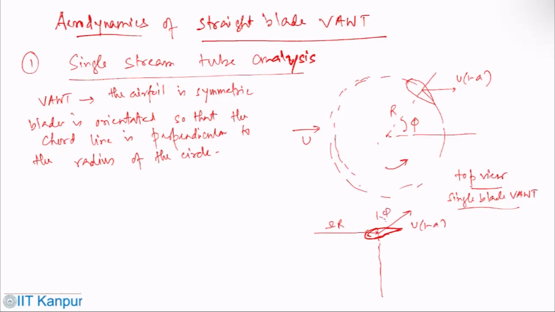This angle is phi. Then we have this component, this component, and this component, which completes the triangle. This is alpha, this is omega r, u(1 minus a) sin phi, u(1 minus a) cos phi. Okay. So these are the velocity components acting on the blade.